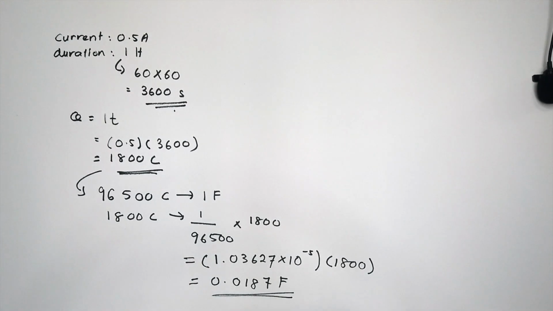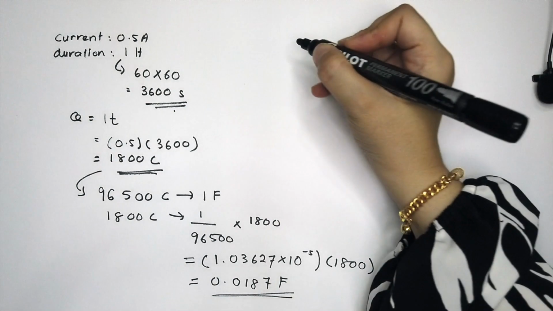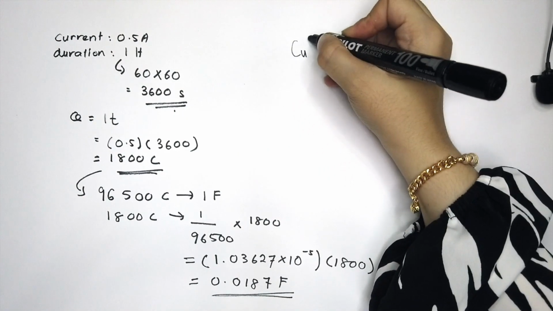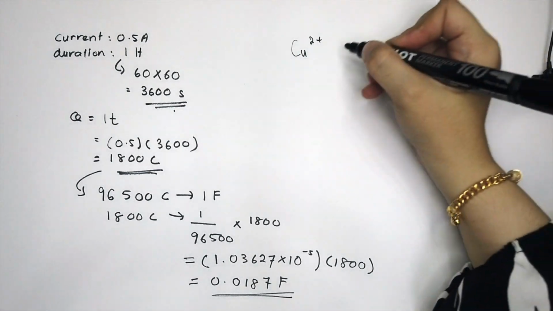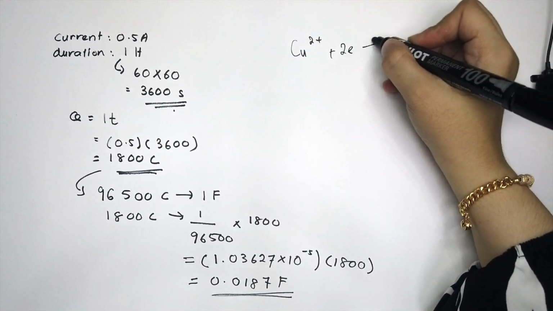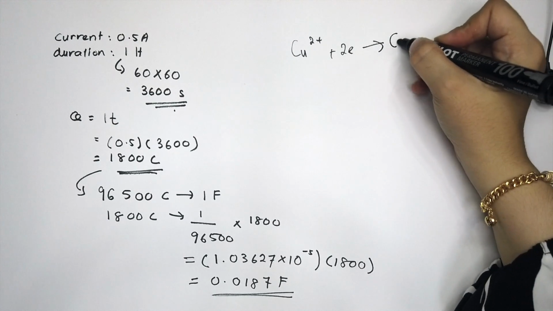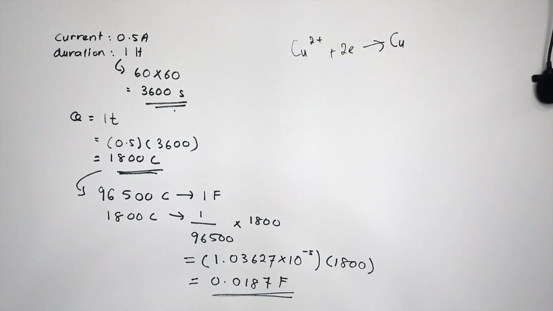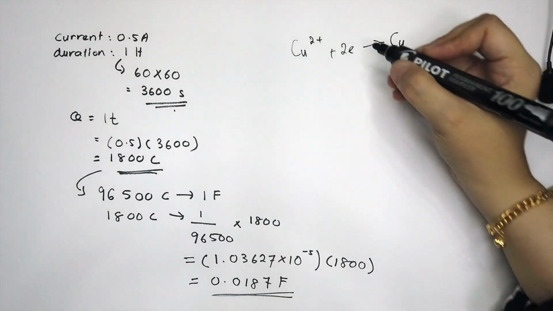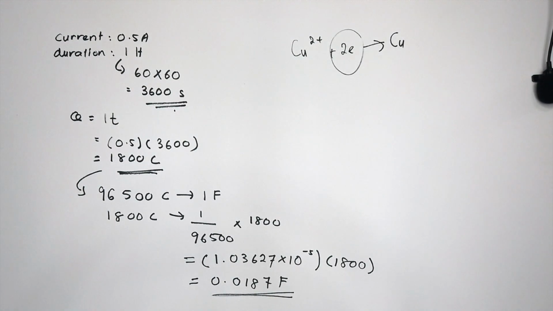Okay, from this question, it uses CuSO4. Therefore, what will be deposited shall be the copper, obviously. So, we can write the chemical equation as Cu2+ plus 2 electron shall produce the copper in solid form. So, the number of electron that plays a role here is actually 2 electron.